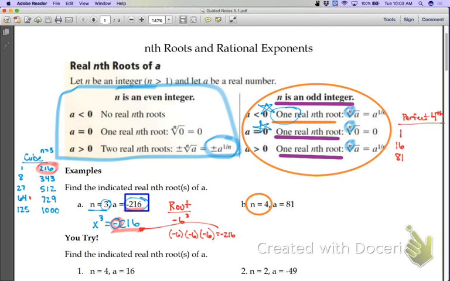Anybody want to take a stab at it? 256. There we go. And then 625. And those numbers are going to go really high really fast.